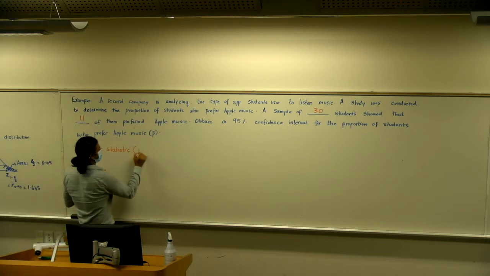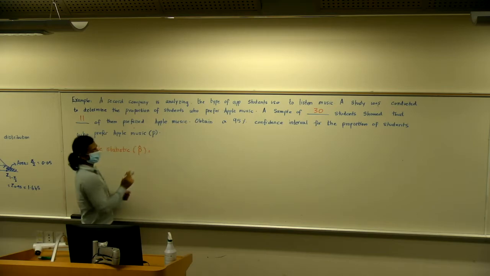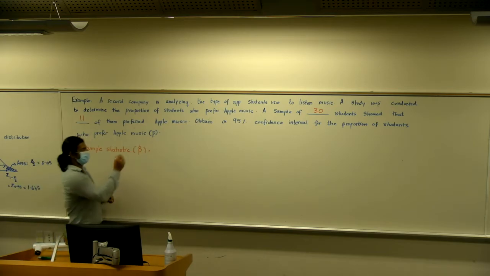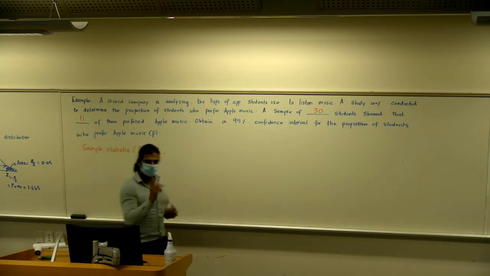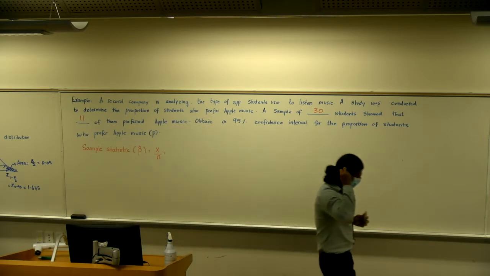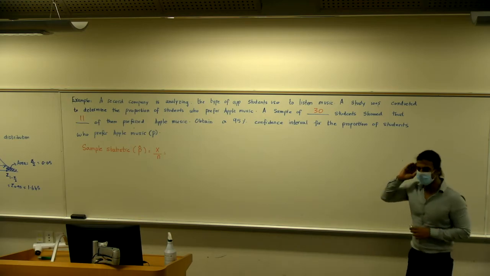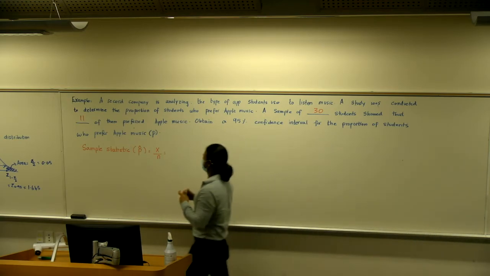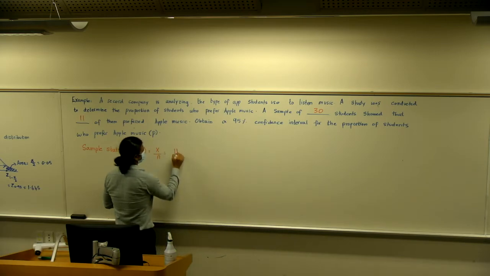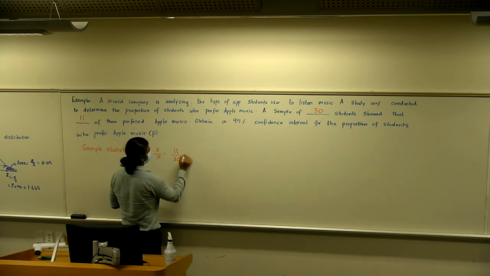And what is P hat? It is an estimate that we obtain from the sample, X over N. N is the total number of students that we observed, and X would be the number of students who prefer Apple Music. So that would be 11 over 30.